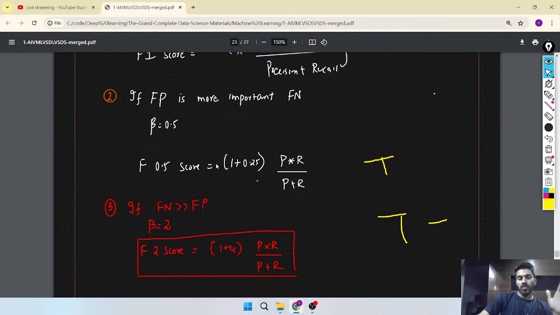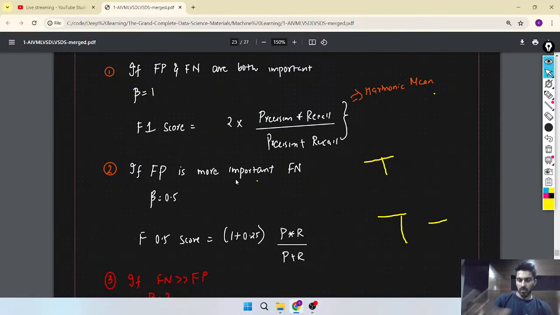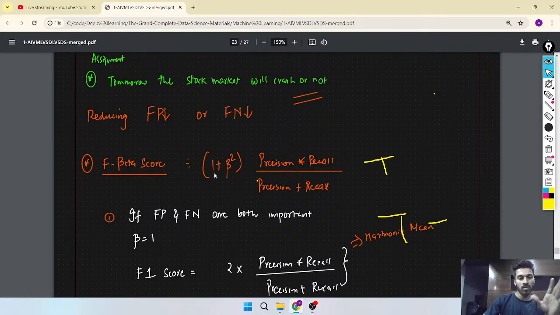And suppose you want to give higher weightage to precision. We have learned precision and recall, but suppose you want to give importance to both. If you want to give equal weightage, then you apply beta equal to 1.